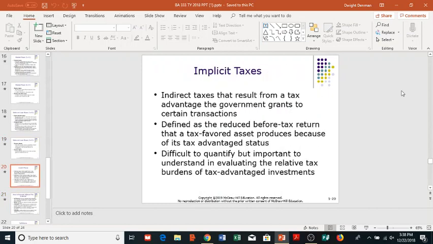And you'll see an instance, and there's some examples. You look at Chapter 1, Example 1-12 on page 16. Coca-Cola bond versus State of Georgia bond.